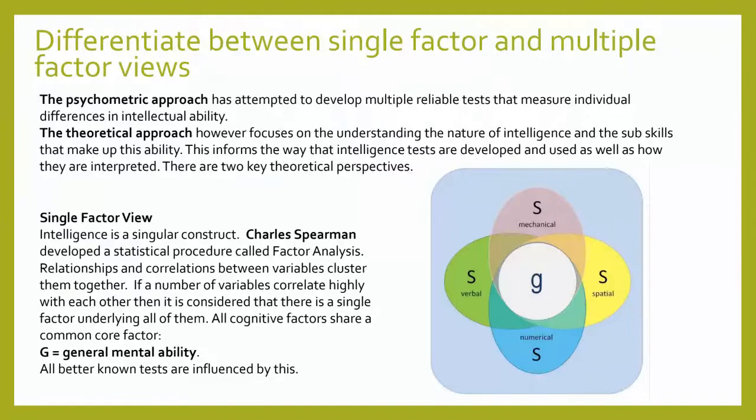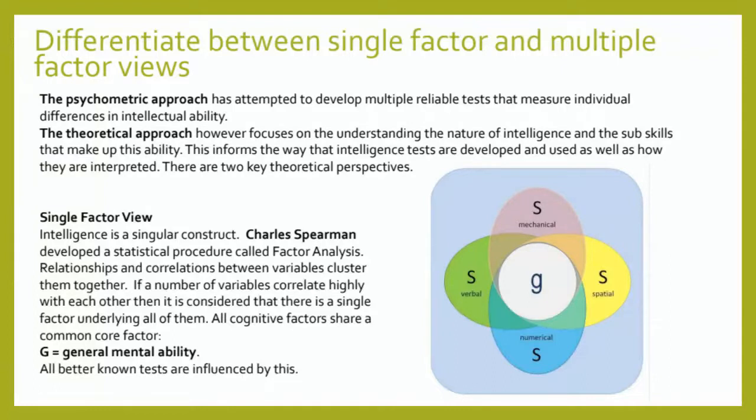So when we look at testing intelligence, the psychometric approach, which is the scientific approach like we discussed, has attempted to develop multiple reliable tests that measure individual differences in intellectual ability. The theoretical approach, like we discussed at the beginning, that broad approach, focuses on understanding the nature of intelligence as well as the sub-skills that make up this ability.